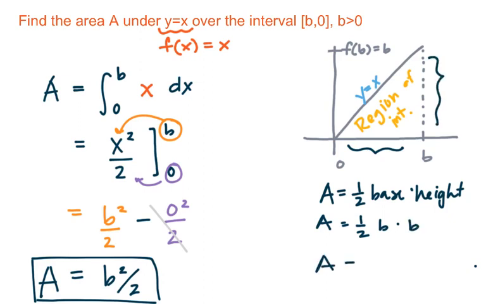So I have area equals 1/2 b squared. And you can see that these are the same value. We did it using a regular formula, and then also using this new notation, okay? So this is how we're going to deal with a definite integral.